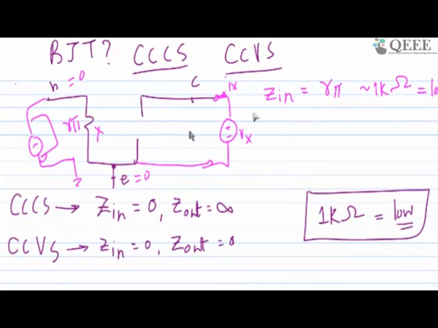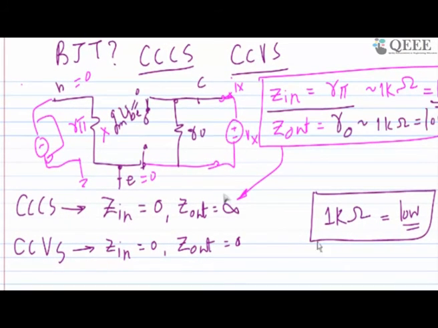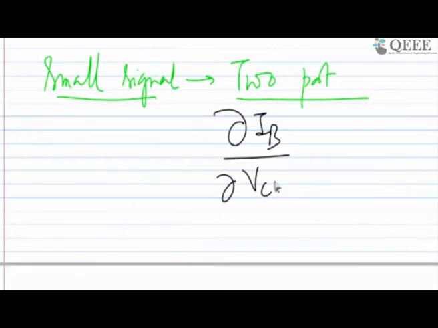Regarding small signal gain, DC source is equal to AC ground. In small signal analysis, if you remember correctly, we made a two-port network. We found del IB by del VC, or del IB by del VB.